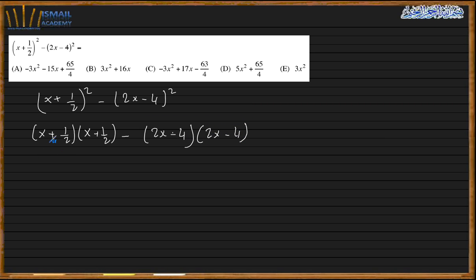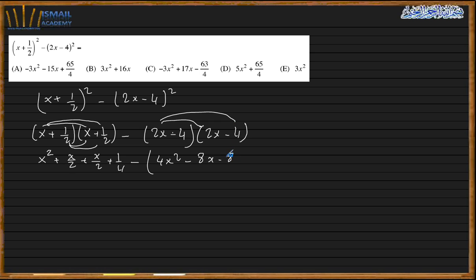So this is going to be x squared plus x half, which is x over 2, plus x over 2, plus 1/4, minus, and here I will have 4x squared minus 8x, and I have minus 8x here, and plus 16.